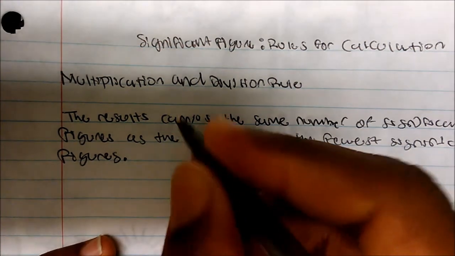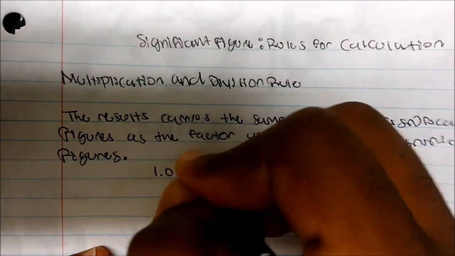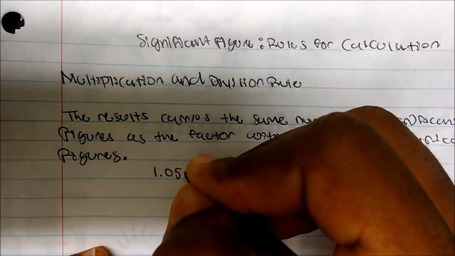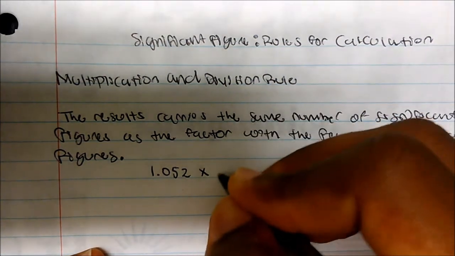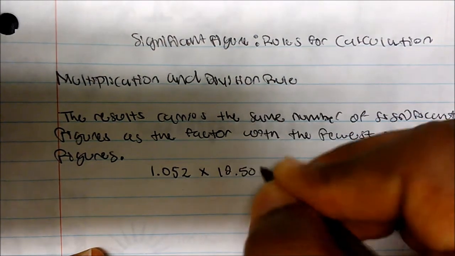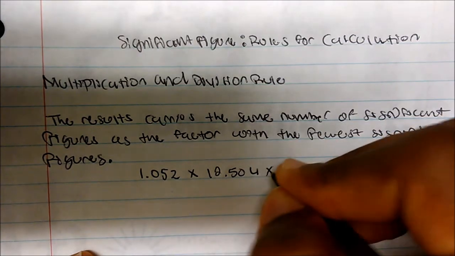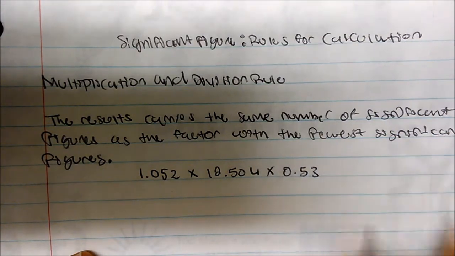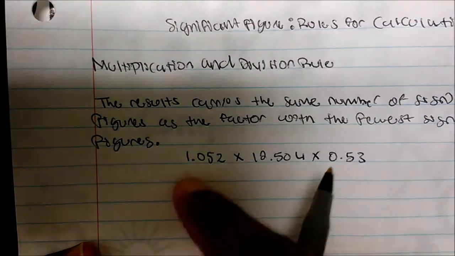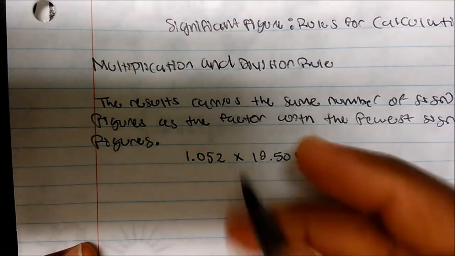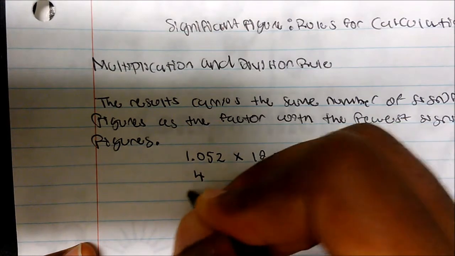Well, let's take, for example, 1.052 multiplied by 12.504, and also multiplied by 0.53. We know the sig fig rules, so this has 4 sig figs.